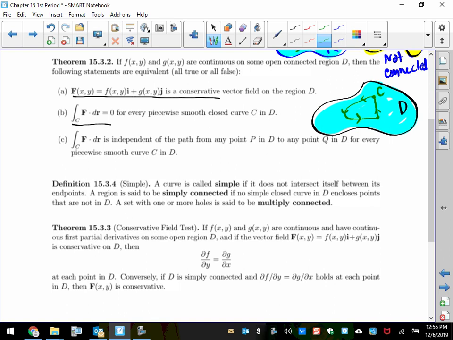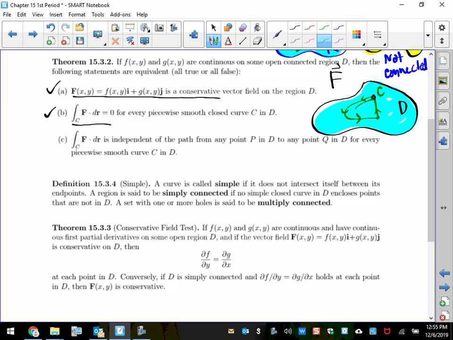Then the work accomplished over this, as long as it's in some conservative field, is 0. That's B, and that's the same thing as the field being conservative, and that means it's also independent of the path that we choose.